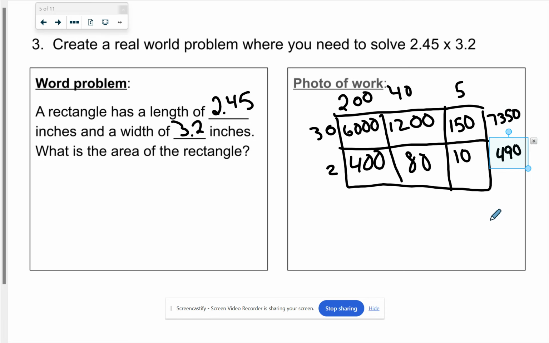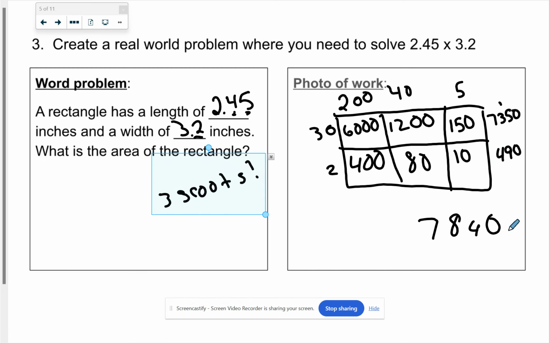Add all of those up. 0 and 0 is 0, 5 plus 9 is 14. Carry the 1, 1 and 3 is 4, plus 4 is 8, and then 7 and nothing is 7. But we are not done. We need to now make our decimal scoots. We have 2 scoots in the first number, 1 scoot in the second number, so that is 3 scoots total.